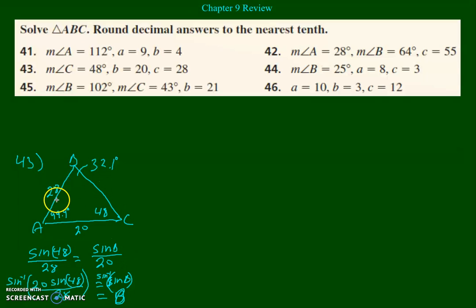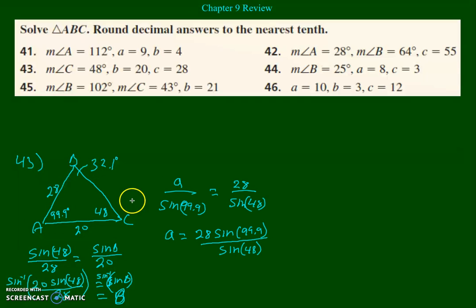And now we can find this side. So we're going to use this, and we'll go ahead and use that. So a is to sine 99.9 as 28 is to sine 48. Multiplying both sides by sine 99.9, 28 sine 99.9 over sine 48 equals a. Now we put that in our calculator.